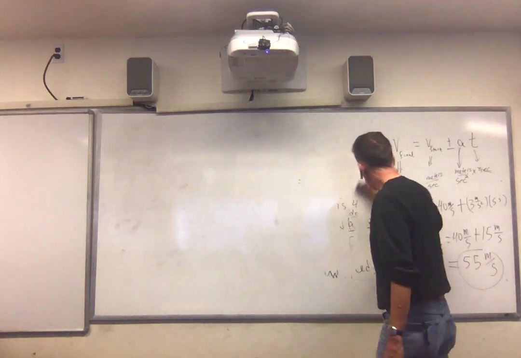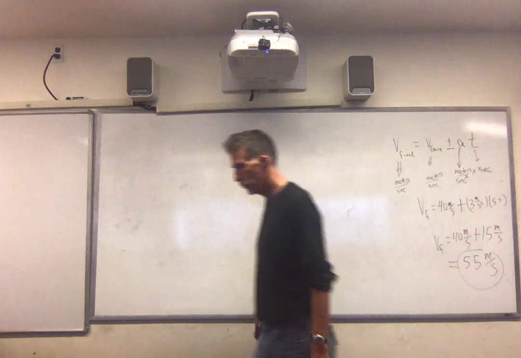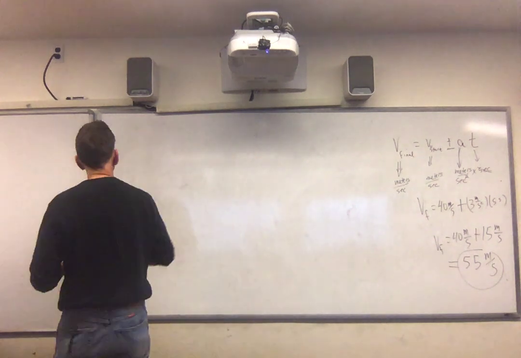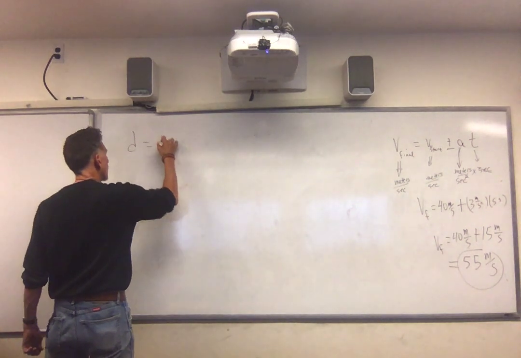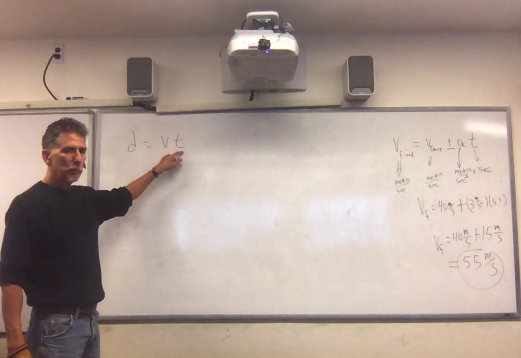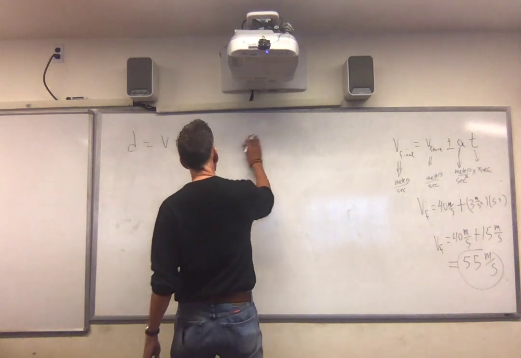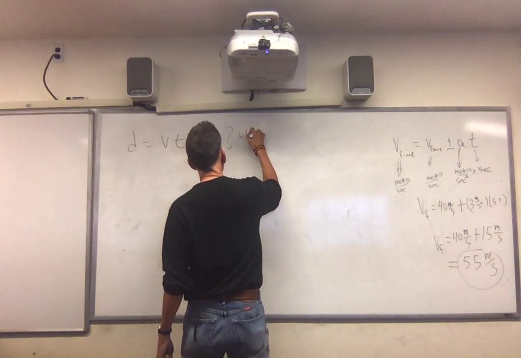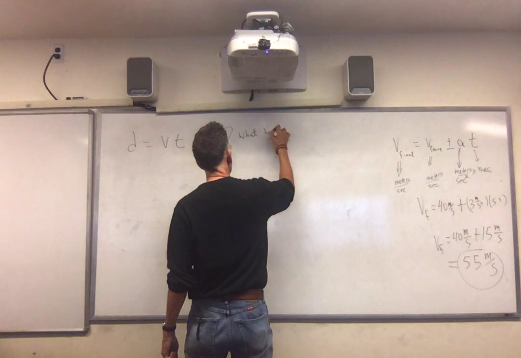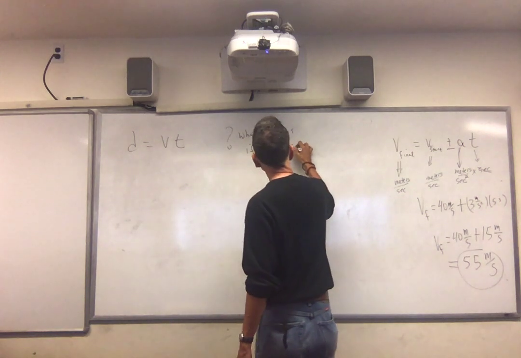And that was our first thing with distance and time. Distance equals the speed times the time. Remember? 50 miles per hour times 10 hours, okay? My question is, what happens if we accelerate?